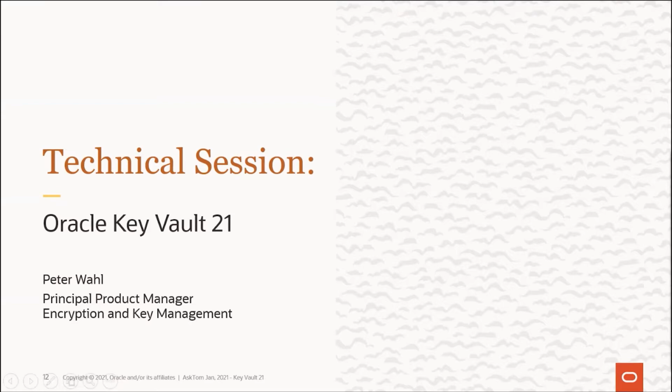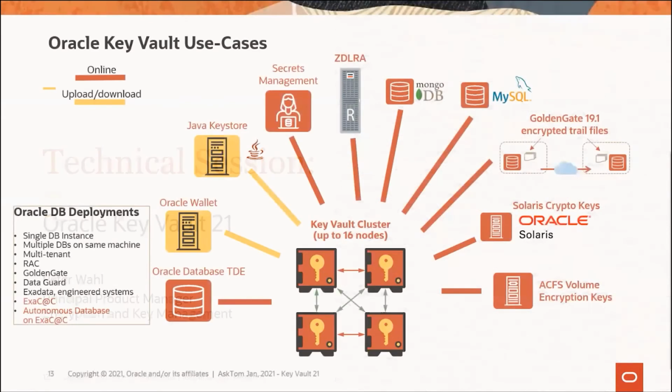Okay, welcome everyone. I hope that you can hear me well. I would like to introduce OKV 21 to you today, which was released a week ago. And so that's a quick overview of what Key Vault can do.